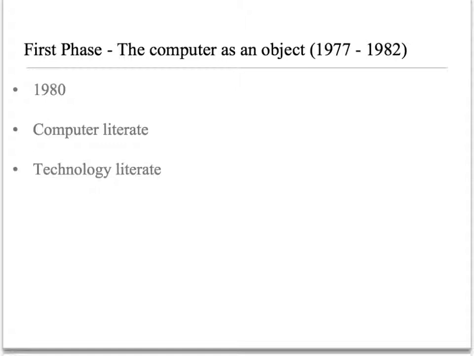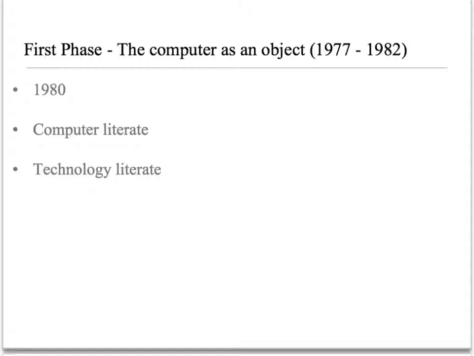I discussed the phases in which technology has evolved. Now I'm going to discuss the phases in which computers have evolved. The first phase, which began in 1977 and ended in 1982, the computer was an object.